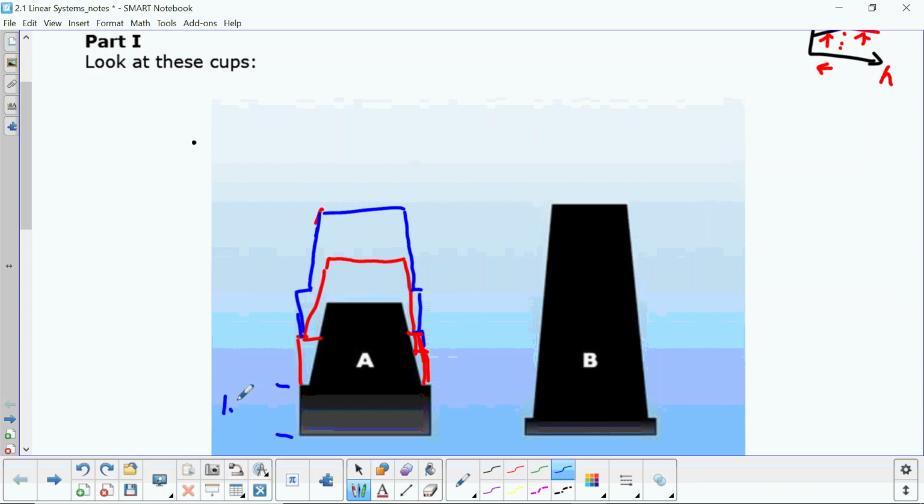So we have this one, 1.3 centimeter. Then after we add another cup here, you will see actually the height also goes up 1.3. Then you add another cup here, it will go up 1.3. So this one keeps going up 1.3.